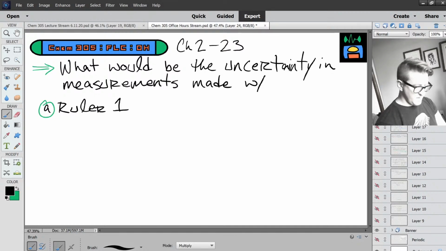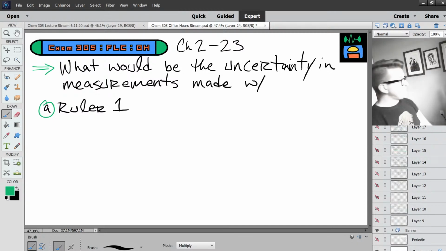Ruler 1, B, they say ruler 4, oh, they just have us do them all.